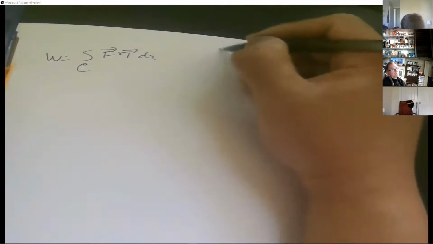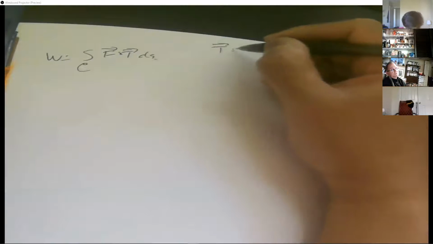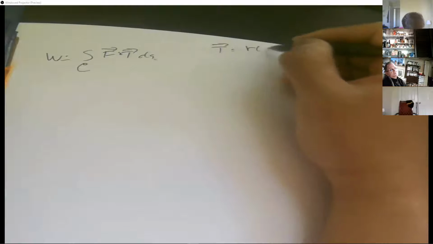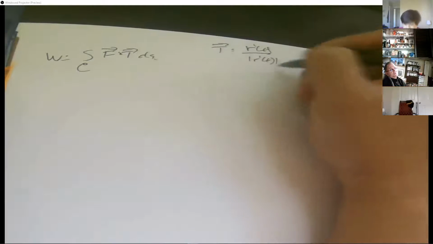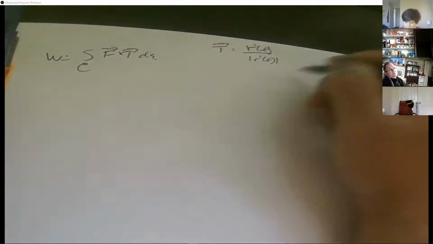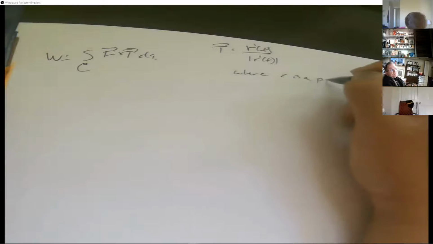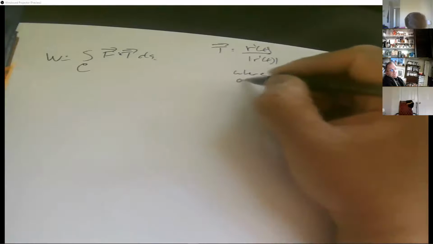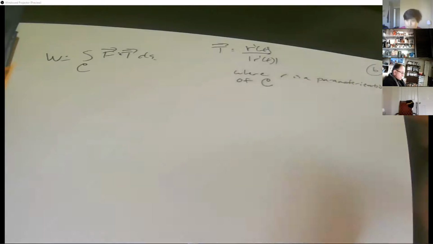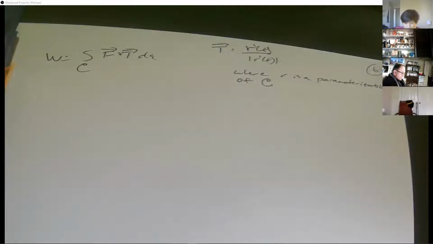Well, T is the derivative divided by the length of the derivative, right? That's what the tangent vector is, where r is a parameterization of C.